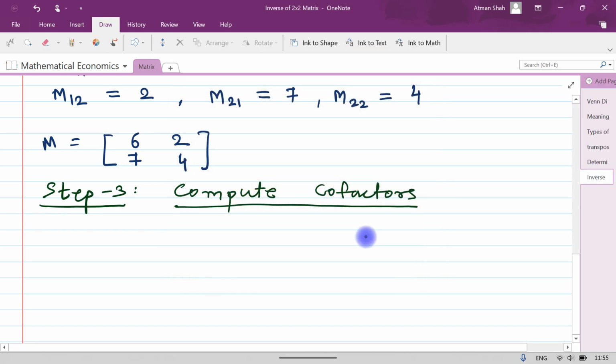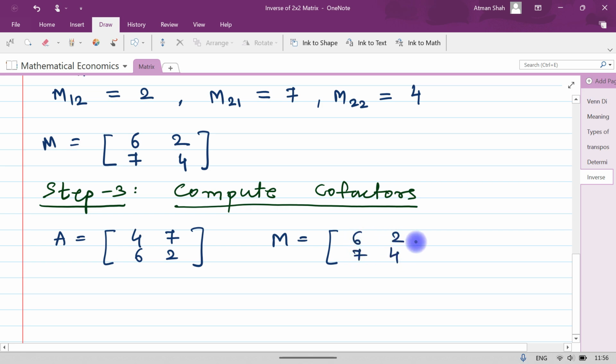So again write the matrix A. So A is 4, 7, 2, 6, and minor of this matrix is 6, 2, 7, 4. Now how do we compute the cofactor?